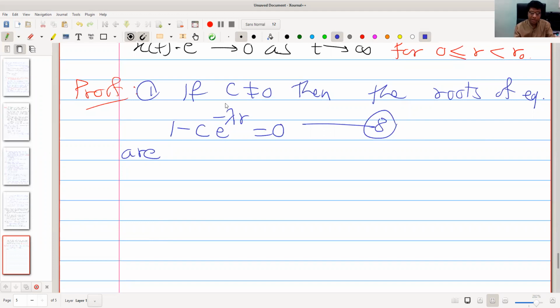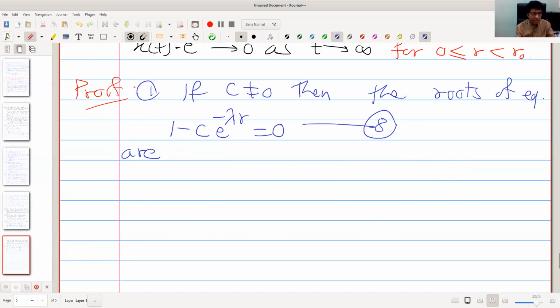So this is nothing but e raised to minus lambda r equal to 1 upon c. And then we take logarithm. We know that lambda is a complex number, so this is a multi-valued function.